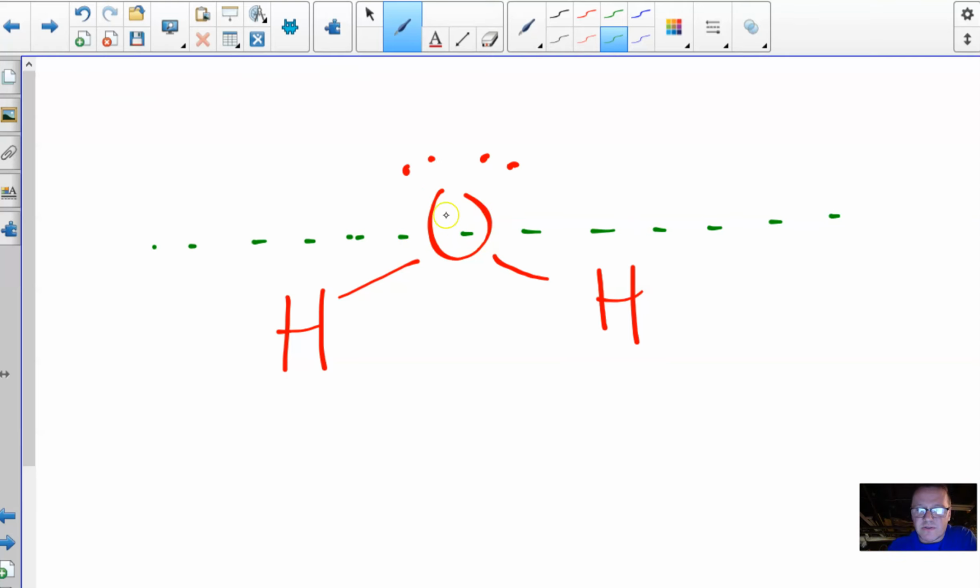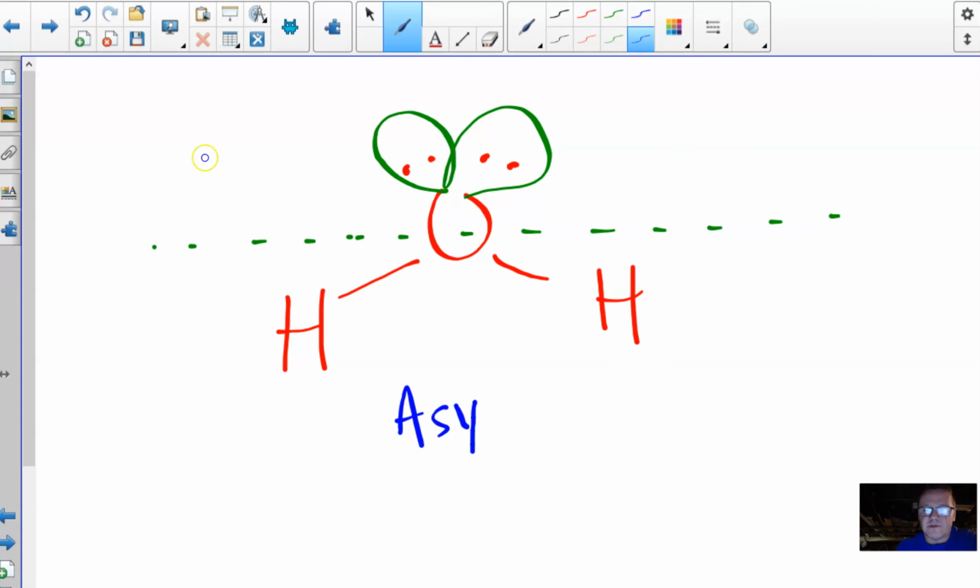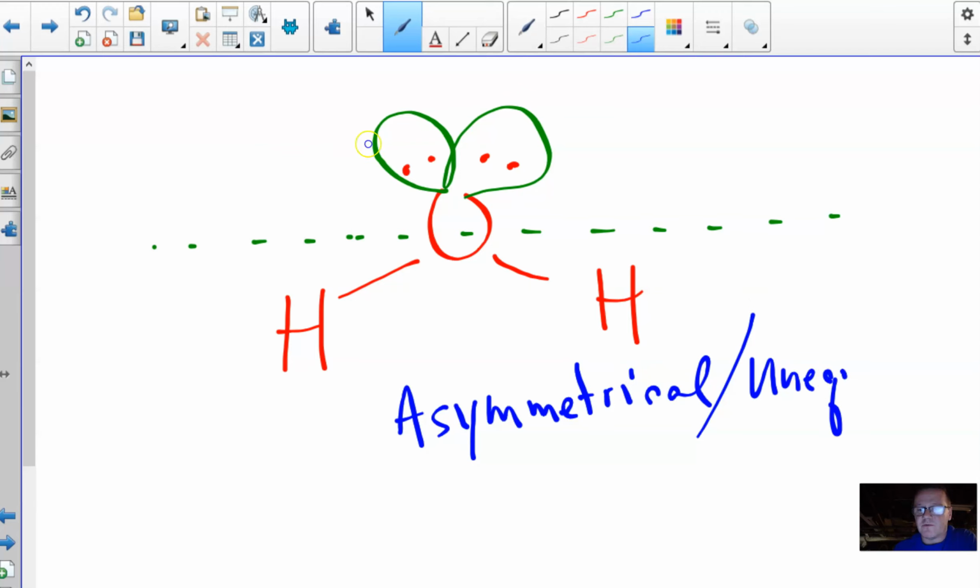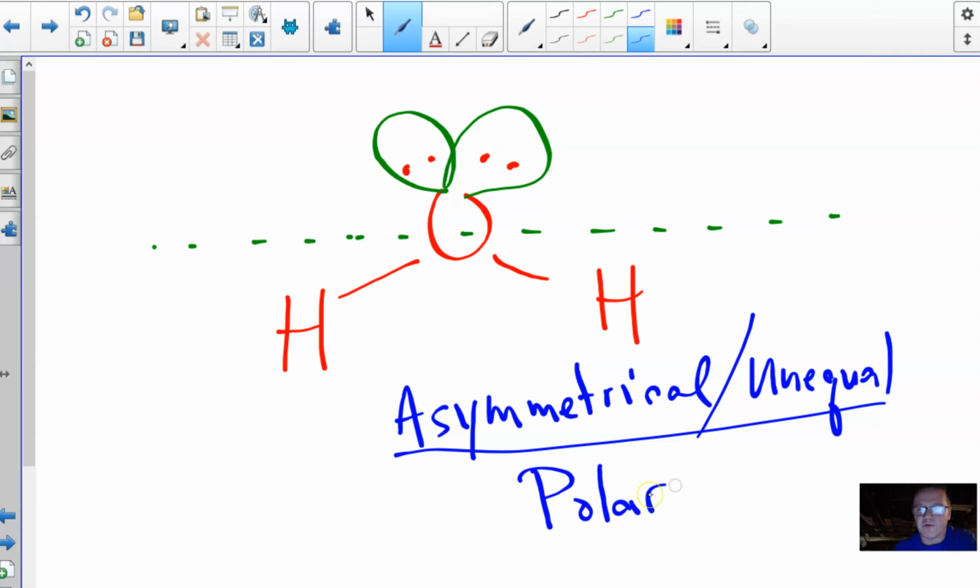And check it out, oxygen has got those two lone pairs up there, and that creates this really dense, rich area of electronegativity. So here again, we've got a situation where the Lewis structure is asymmetrical, which means that there is unequal sharing of electrons going on, which means that molecule is polar. There's going to be a partial negative and a partial positive, which down here, partial positives are on these hydrogens, and a partial negative is up here on those lone pairs.